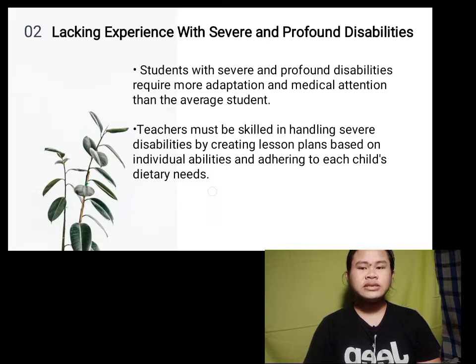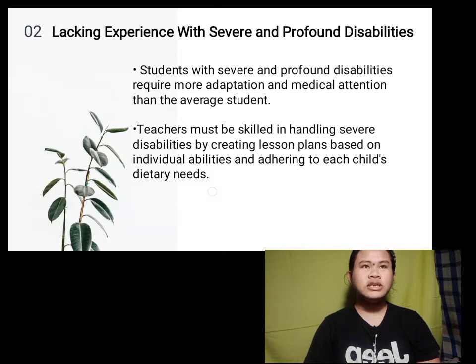Teachers must be skilled in handling severe disabilities by creating lesson plans based on individual abilities and adhering to each child's dietary needs. In teaching students with severe and profound disabilities, you need to find out what their weakness or capacity is in doing activities in a classroom.